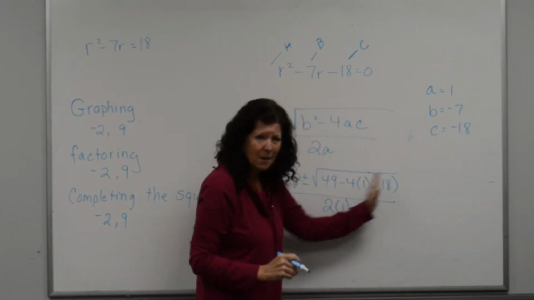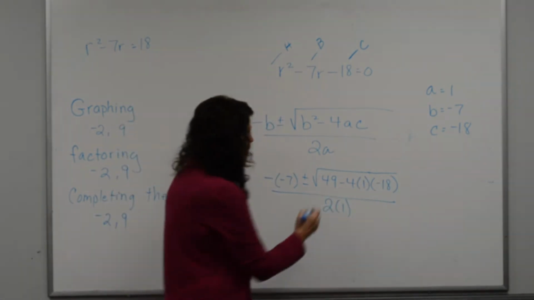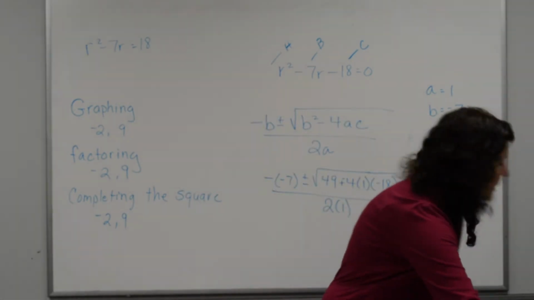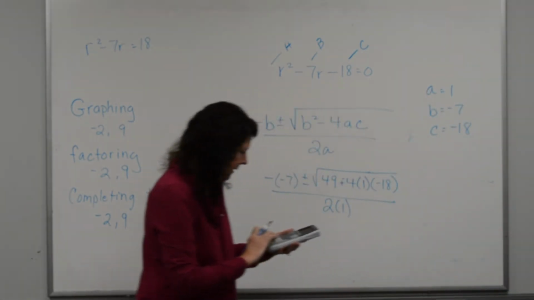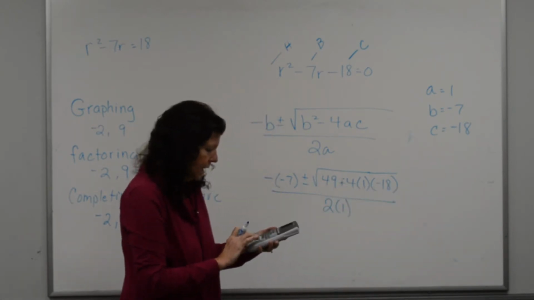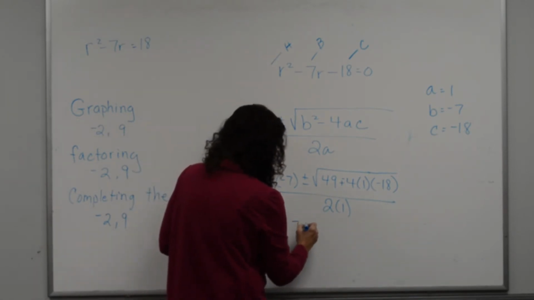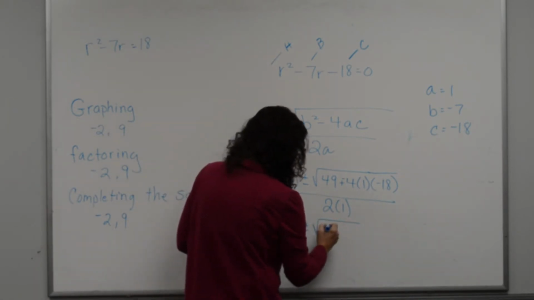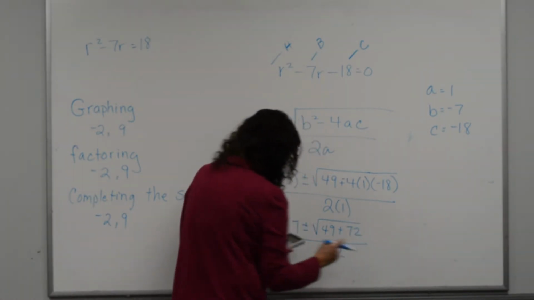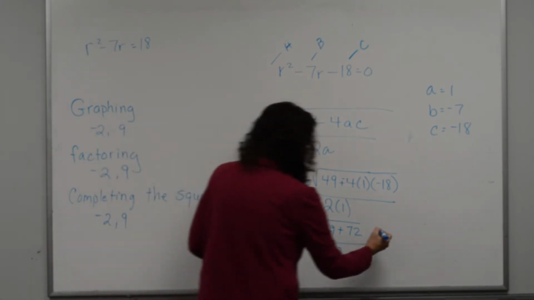I got to do the second part first, because remember I have to do multiplication and division before I do addition and subtraction. So I'm going to go ahead and add the opposite of the second number. Okay, so I'm going to go 4 times 18, because that's going to be positive, because it's a negative times a negative. 4 times 18 is going to give me 72, so I have 7 plus or minus the square root of 49 plus 72 over 2. Well, 49 plus 72 is going to give me 121.